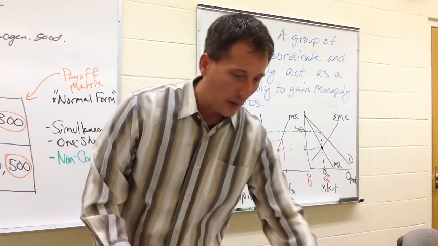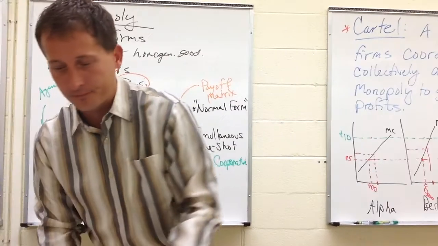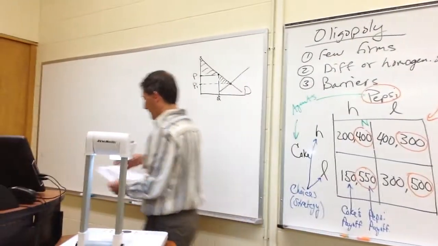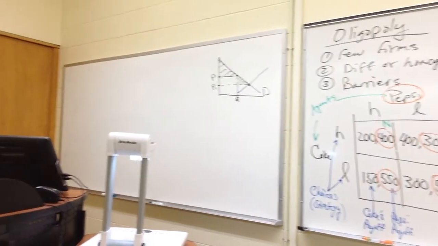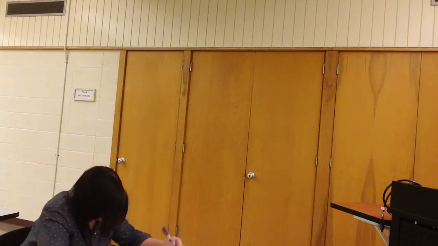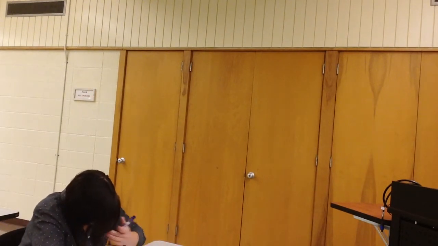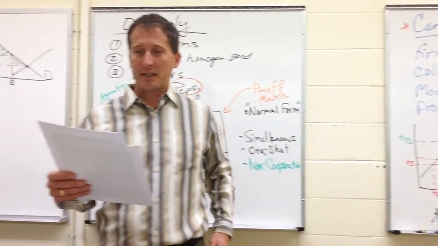So let's take a look at this first problem. We've got Squeaky Clean and Biobase are the only two producers of chlorine for swimming pools. The inverse market demand curve for chlorine is P = 32 minus 2Q, where Q is measured in tons and P is in dollars.